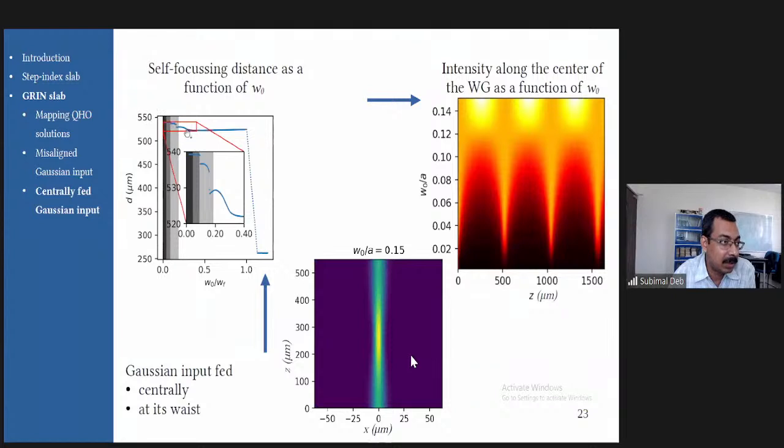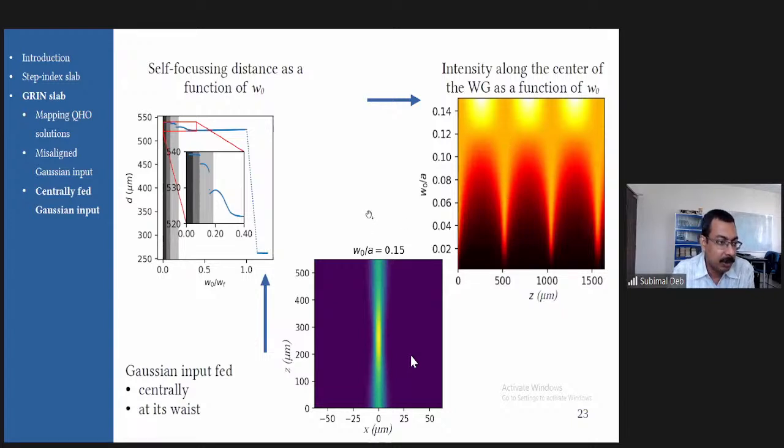Now, in the non-paraxial and near-nonparaxial domain, we find that the change in this self-focusing distance is comparable to what we had got for the case of the step index fiber and step index slab waveguide. And we see there is a sudden change corresponding to this graph.